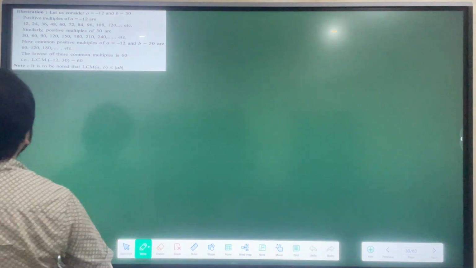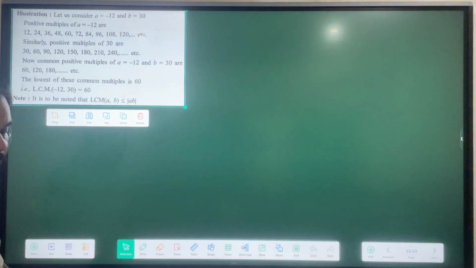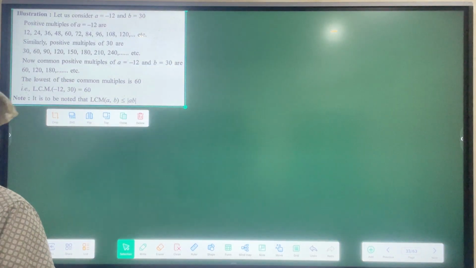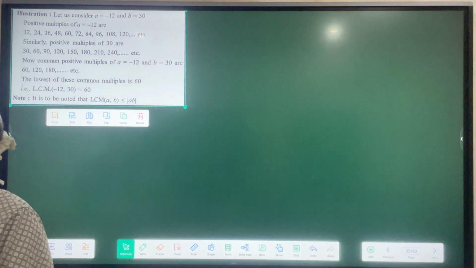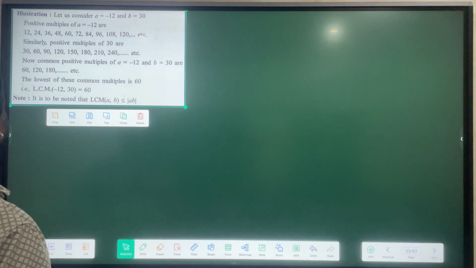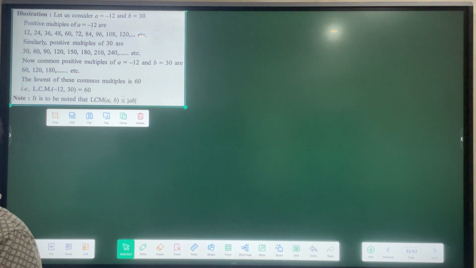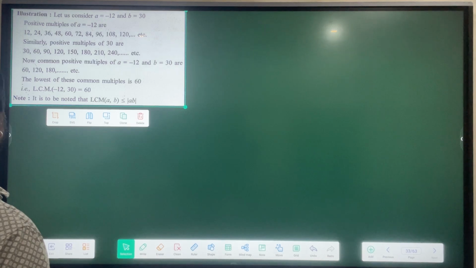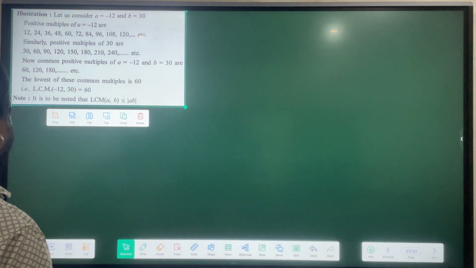Illustration. Here it is given. Let us consider A equals minus 12, B equals 30. Positive multiples of A equals minus 12, and similarly this one. Now, lowest common multiple is 60. It is to be noted that AB is okay.